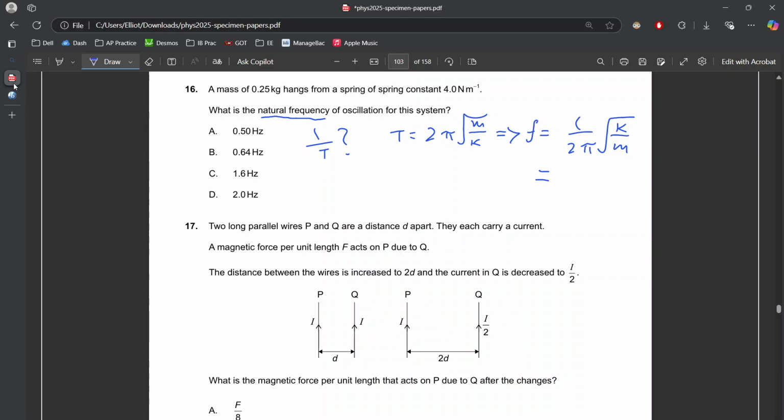Remember, this is your k, and this is your m. So if you plug it into your calculator, you should get, you can probably do this in your head.